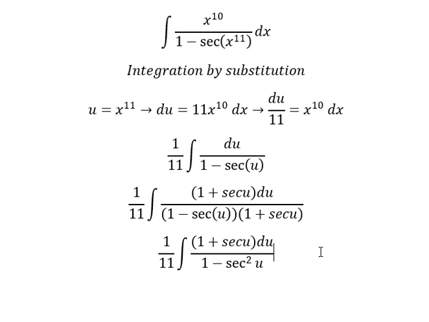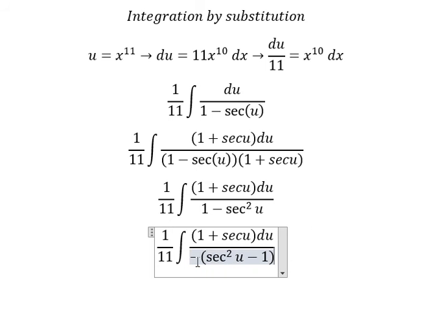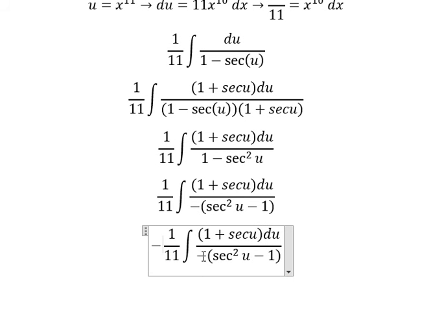Next, this one I can put into negative secant of u square minus 1, and then I will put the negative outside. This one is a trigonometric identity, that's tan u square.